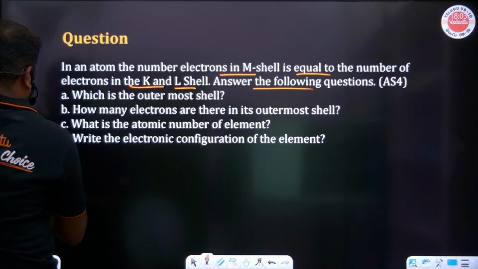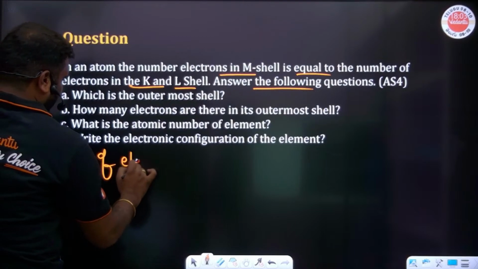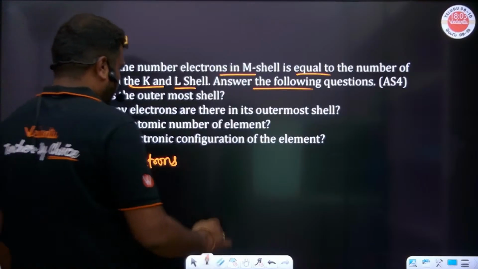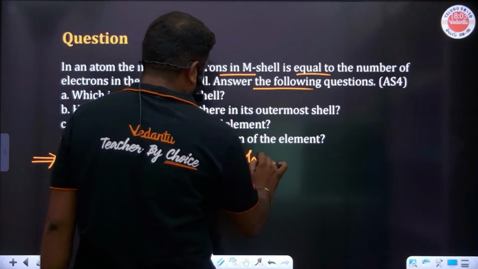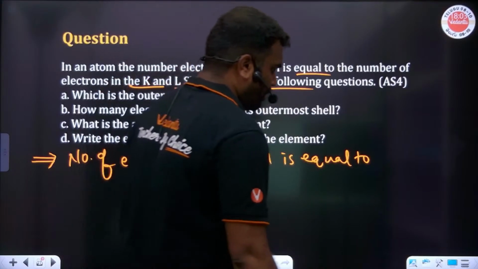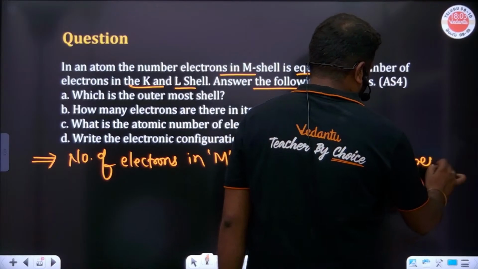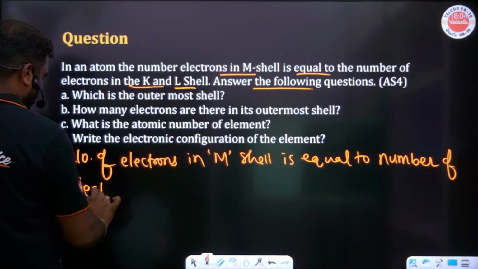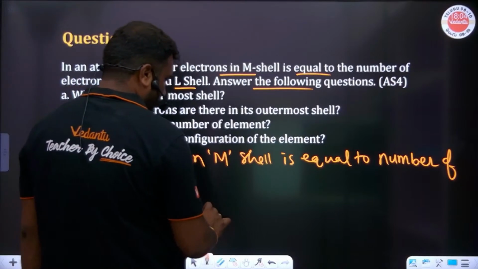The number of electrons in the M shell is equal to the number of electrons in the K and L shells.